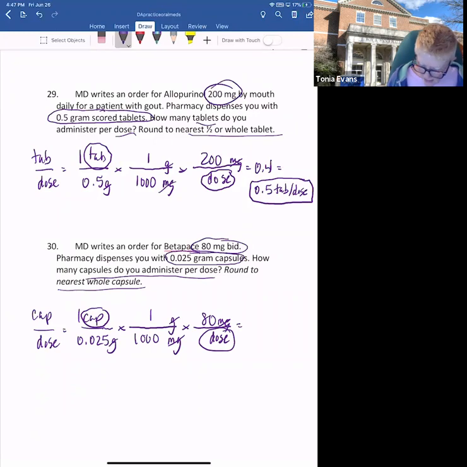So I have 80 divided by 0.025 divided by 1,000 equals 3.2. I have to pay attention to my rounding rules, round to the nearest whole capsule. So my answer is going to be 3 caps per dose.